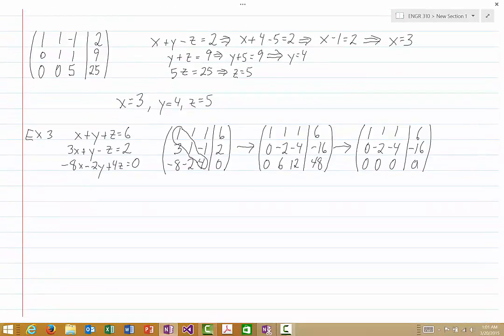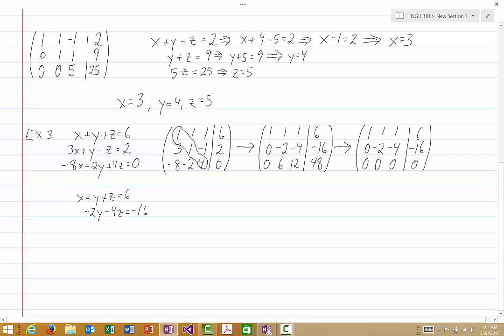And now we have eliminated all the non-zero terms below the main diagonal. And we're ready to write the corresponding system of equations, which is x plus y plus z is equal to 6, minus 2y minus 4z is equal to -16.